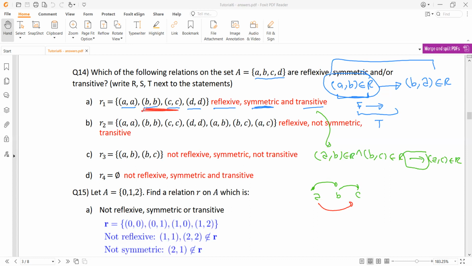But here, if you have a look, the condition is not available. So the left side is false, the implication is true, which means it's transitive.